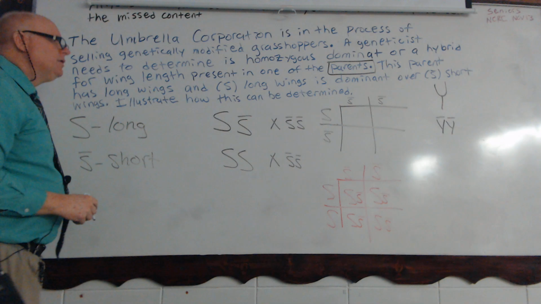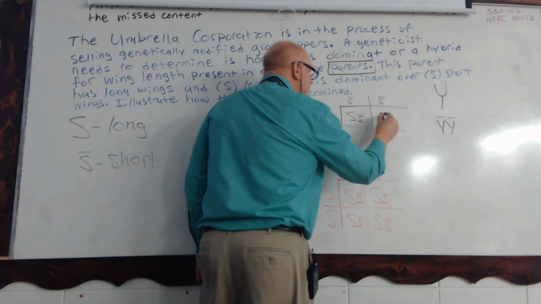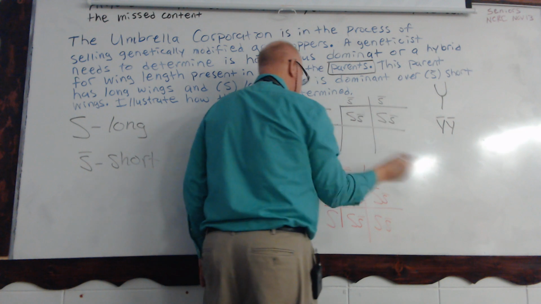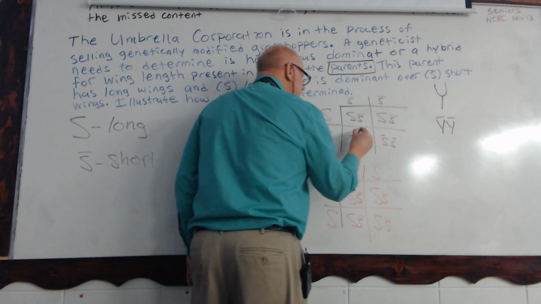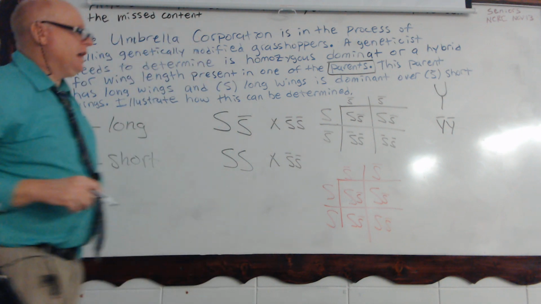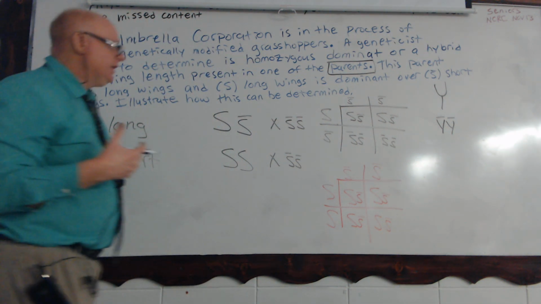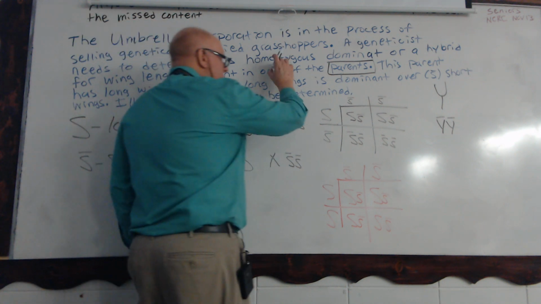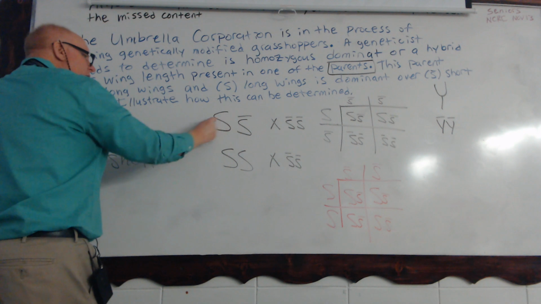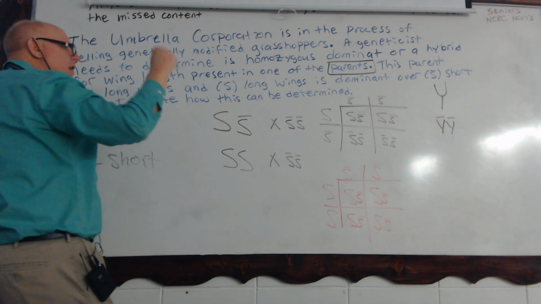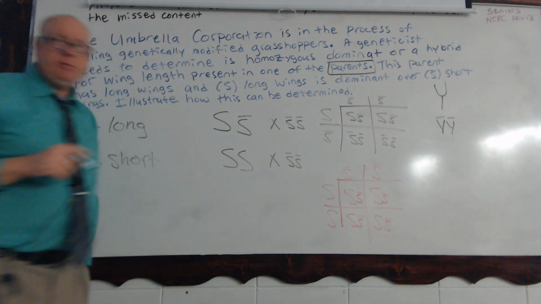So we've got a capital S, a lowercase s, capital S, lowercase s. What would the percentage be if that parent was heterozygous? Again, we're trying to determine whether it is homozygous or a hybrid. The hybrid means it's got one of each, or heterozygous. So this is how you could determine what the genotype of that parent is.